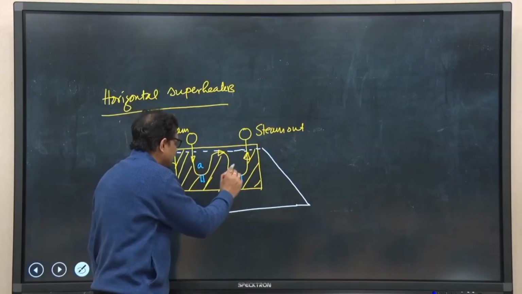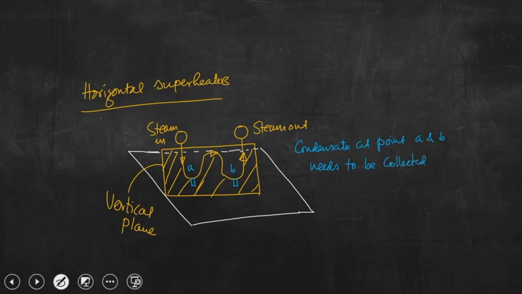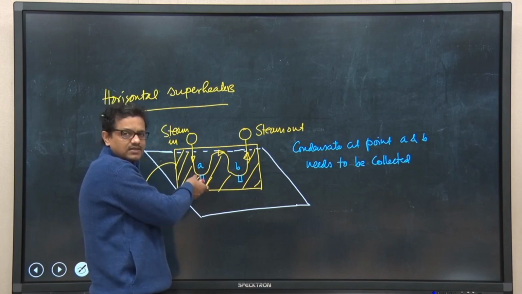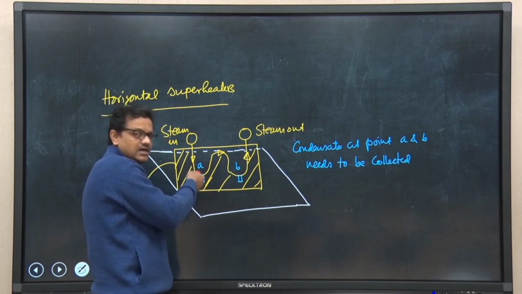If we name this point A, this is B. So, condensate at points A and B needs to be collected on a regular basis, and because of this arrangement it is very difficult to drain out the condensate in a normal way.